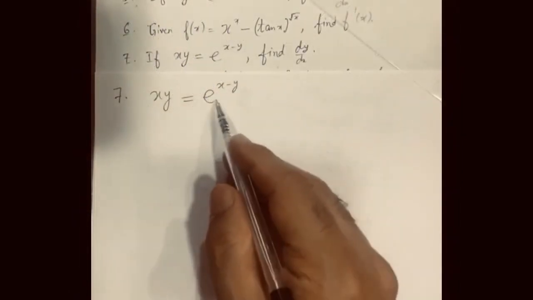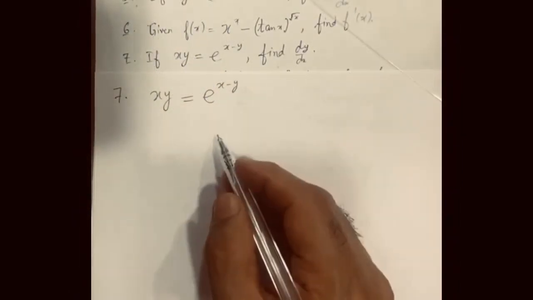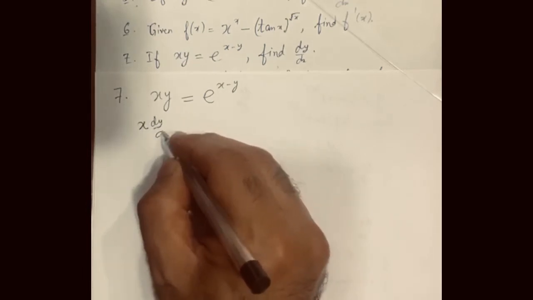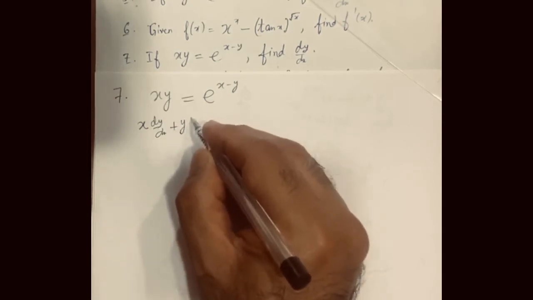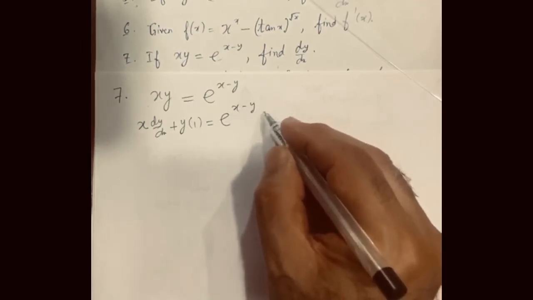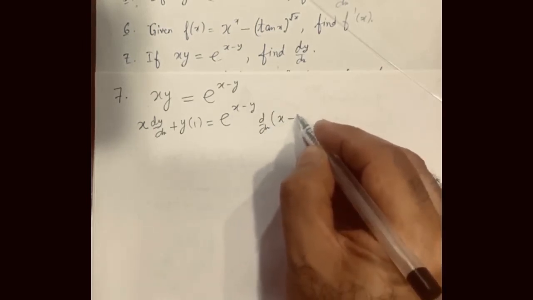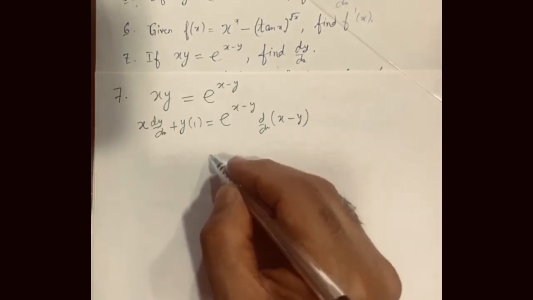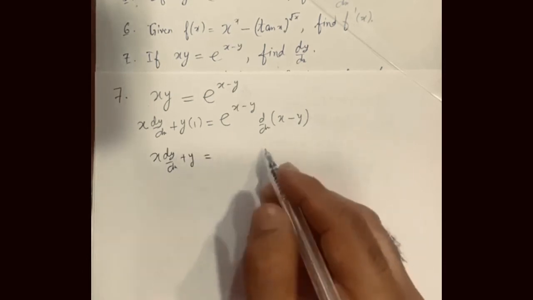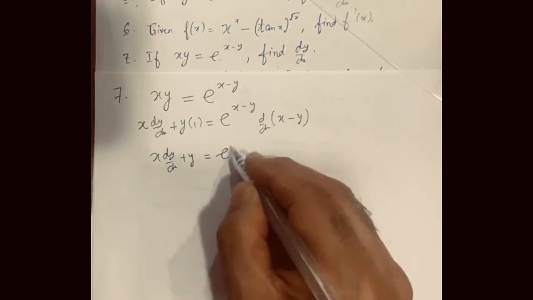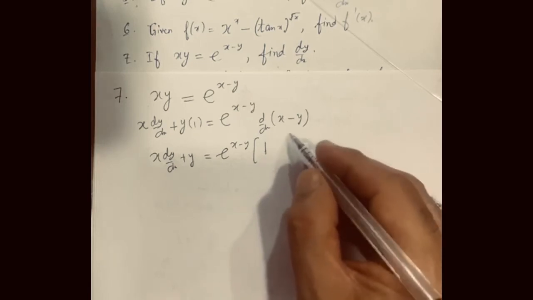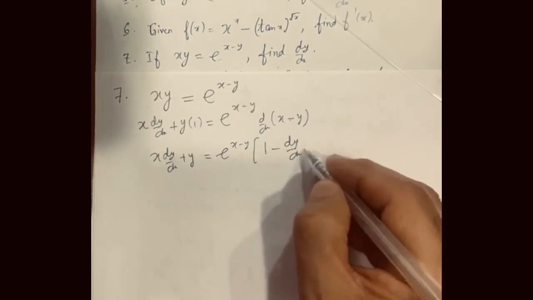xy is equal to e raised to x minus y. We have to find dy by dx. So differentiating both sides, x into derivative of y, that's dy by dx, plus y into derivative of x, which is 1. e raised to something, derivative is e raised to something into derivative of something, that is derivative of x minus y. x into dy by dx plus y is equal to e raised to x minus y into derivative of x minus y, which is 1 minus dy by dx.